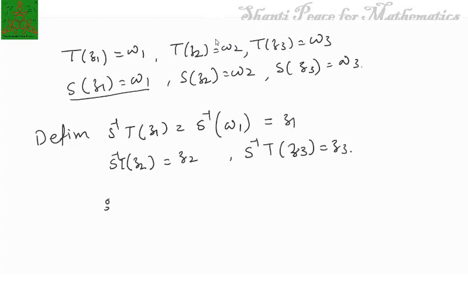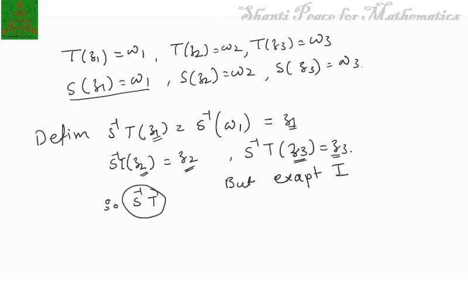That means this S inverse of T is a bilinear transformation that has three distinct fixed points. Except for the identity map, there is no linear transformation which has more than two fixed points, because Z1 gives Z1, Z2 gives Z2 and Z3 gives Z3.